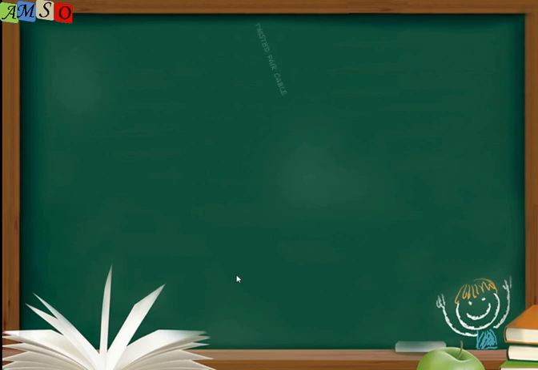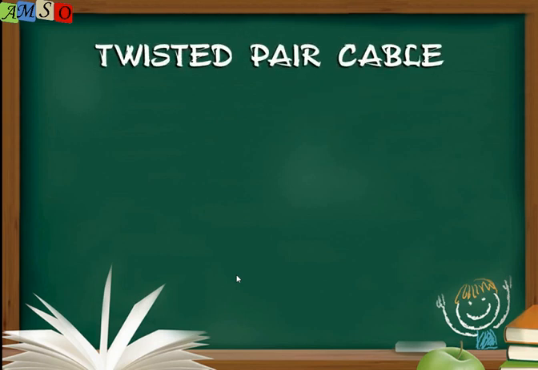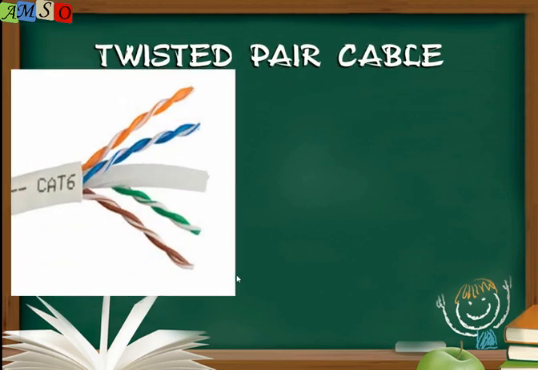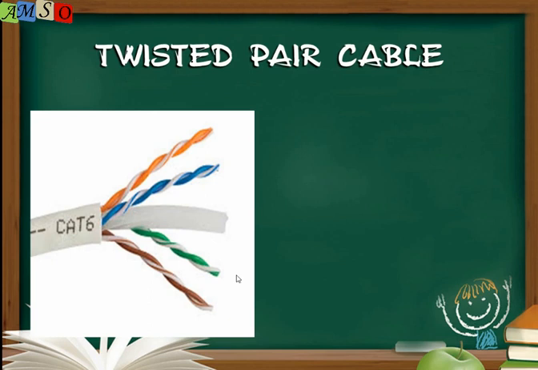So the second one is the twisted pair cable. You've always seen this type of cable. They are 8 in number if you separate them, and 4 if you don't separate them. They are twisted, that's why they call them twisted pair cable. Twisted and in pairs.